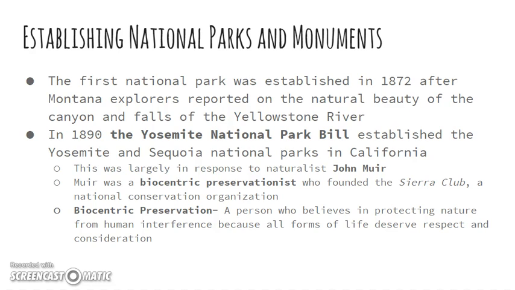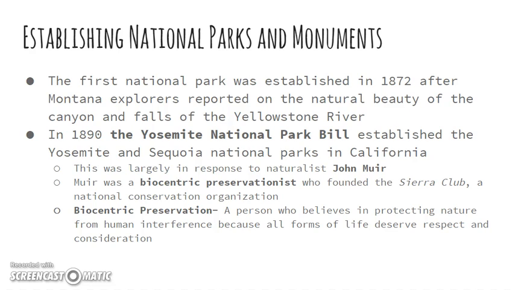So the biocentric preservationist is a person who believes in protecting nature from human interference because all life forms deserve respect and consideration. So we're not just thinking solely of ourselves as humans, but we're thinking of all the nature around us and all the life around us, and they deserve just as much of the earth as we do.